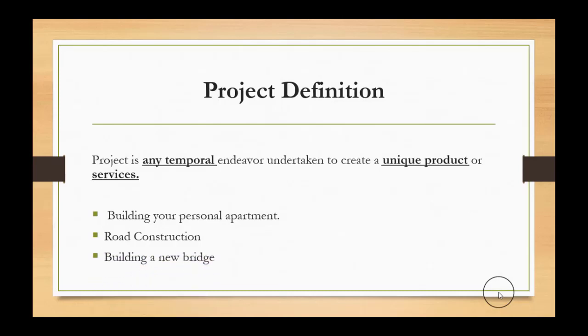And when a contractor is awarded to build a new bridge, that is also a typical example of a project. So a project is very broad, and we are just looking at these three for an example, for learning's sake.